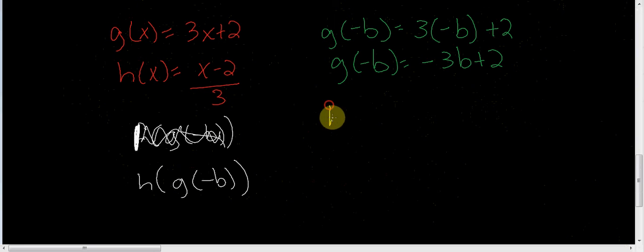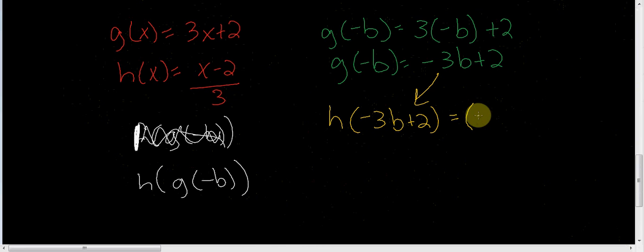So we have h. We're going to put in what we just got. And now we have to use our function h. So in for x goes the negative 3b plus 2. It says subtract 2 right there, so I'm going to subtract 2. And then it says divide by 3, so I do that.